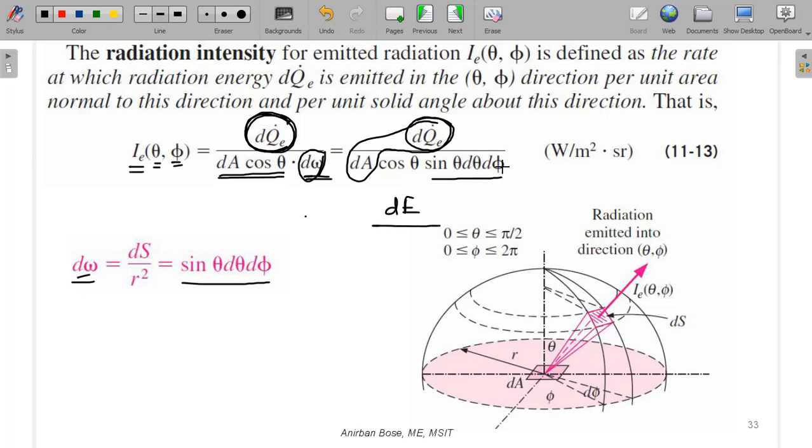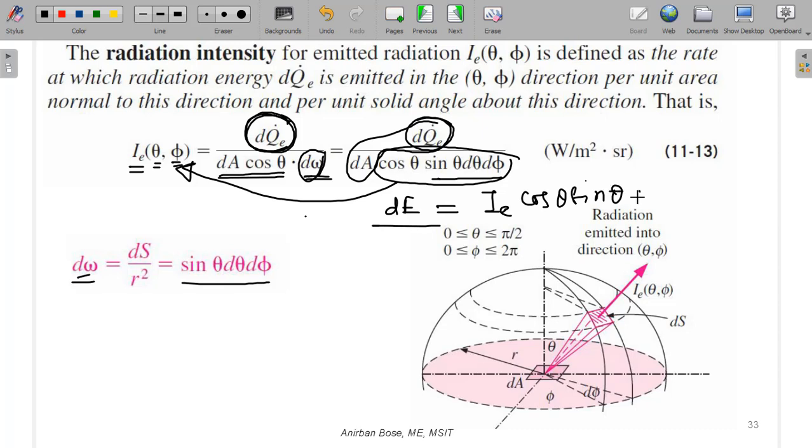So whatever remains in the denominator, if you multiply that with this quantity, then that quantity is IE. Here only emission is considered, so that is why the symbol E, into this bracketed term, cos theta sin theta d theta d phi.